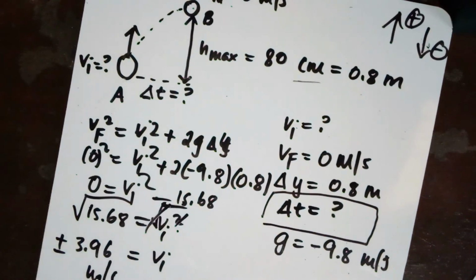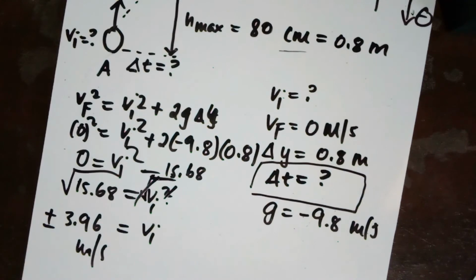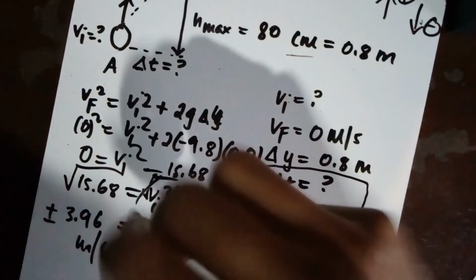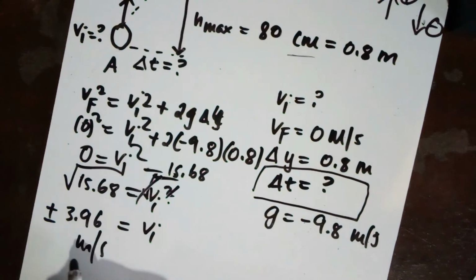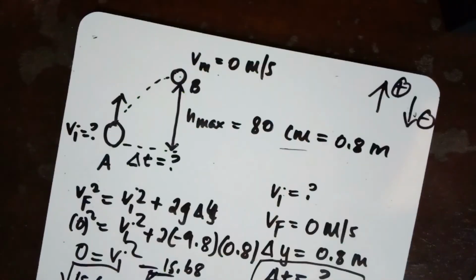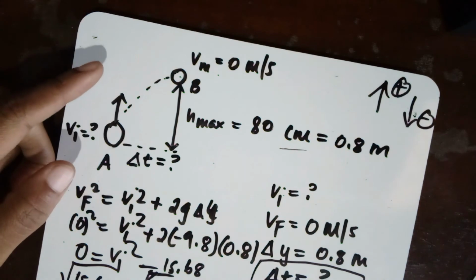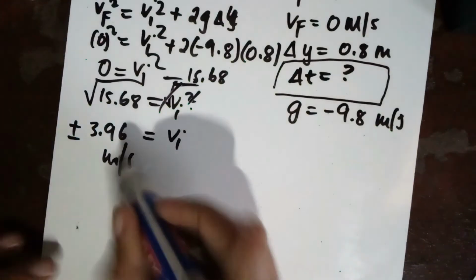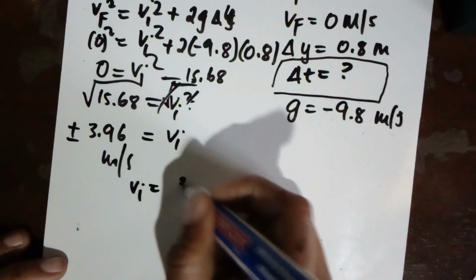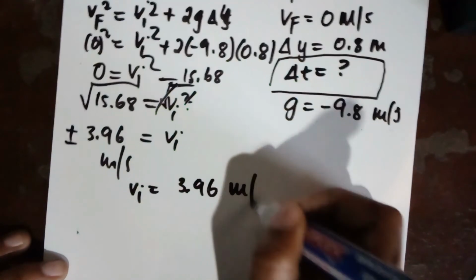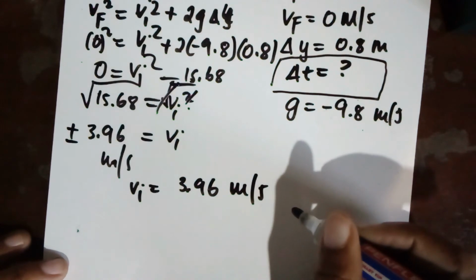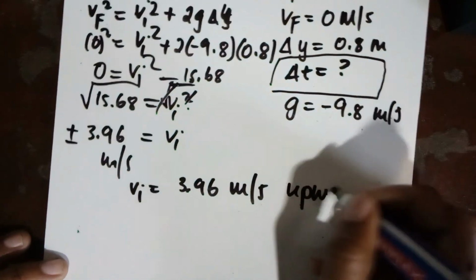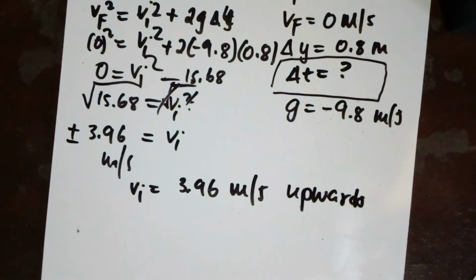Because only one of the answers can be true, it can either be negative 3.96 or positive 3.96 meters per second. We know that this was moving up. If it's moving up, we said up is positive. So Vi would actually be 3.96 meters per second upwards. So that is your answer.